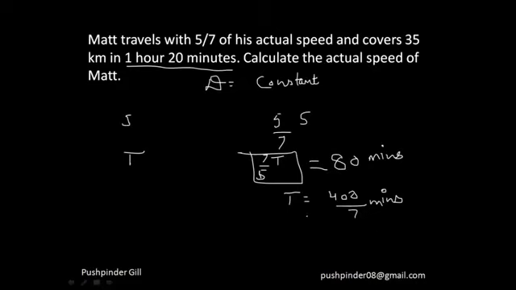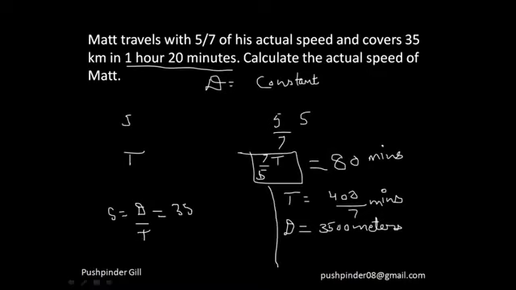Now the distance is given to you as 35 kilometers. So I can also say that the distance is 35,000 meters, because I would just want to calculate the speed in meters per second. So distance is 35,000 meters, time is this much. So what is speed, guys? Speed is distance upon time. So speed is equal to distance, 35,000 meters, upon time, 400 upon 7.